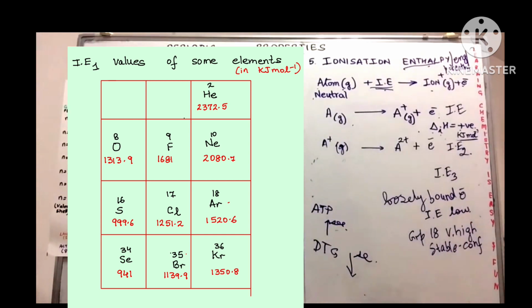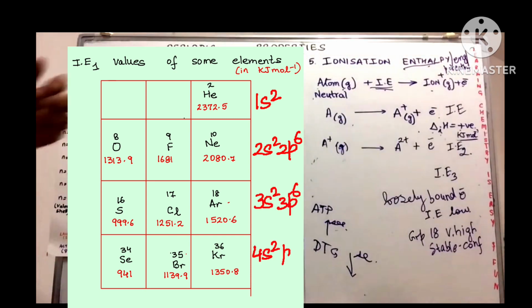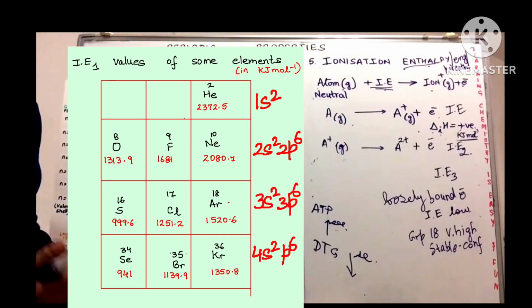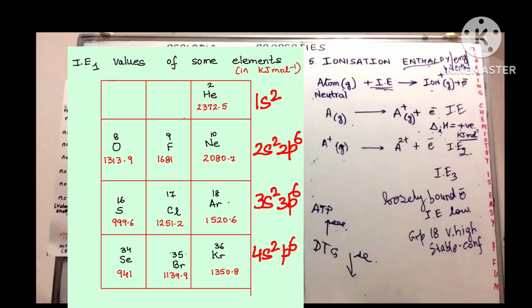So they will need a very high amount of energy to remove an electron from them, because all their electrons are equally bound. There is no loosely bound electron. That is why their ionization potential is very high.